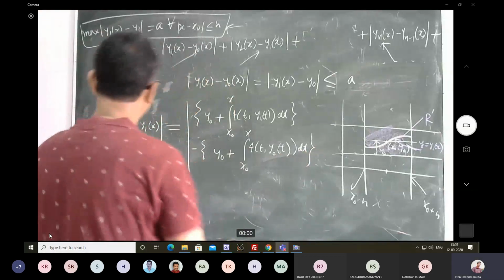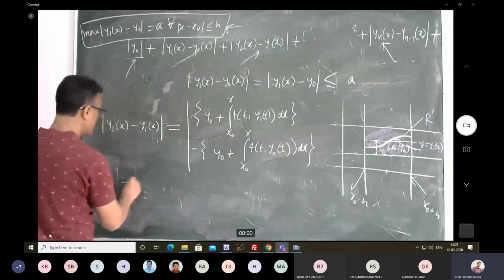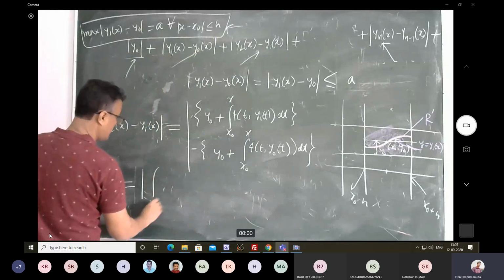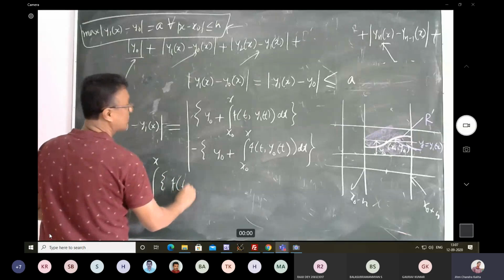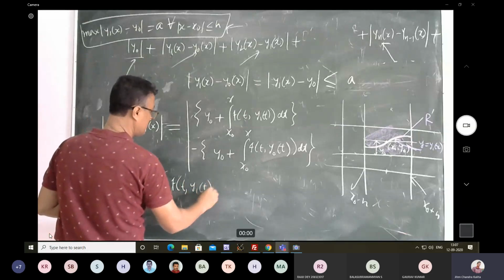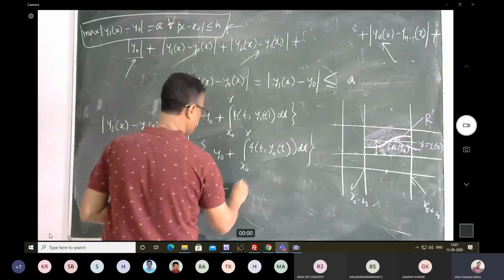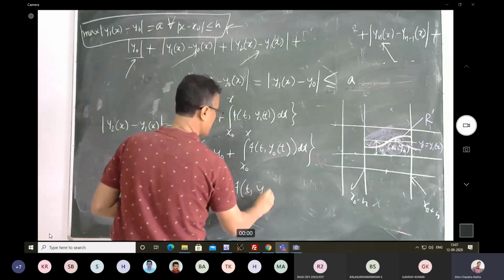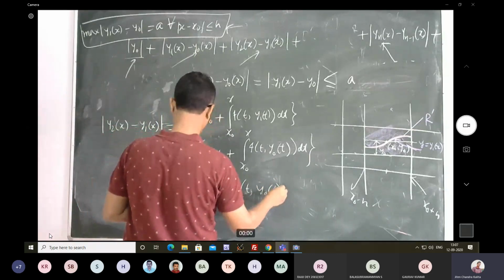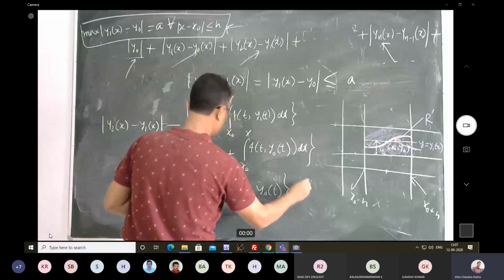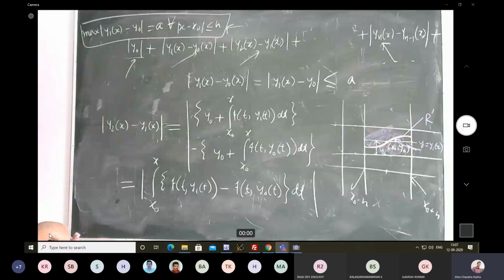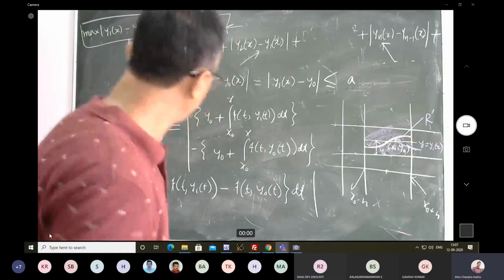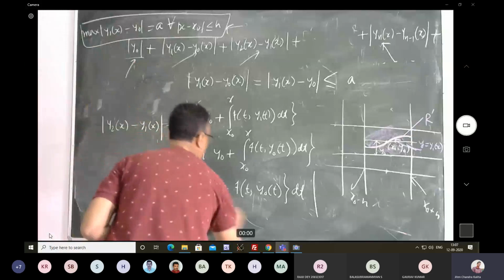Okay, fine. So now, obviously, this I can write as the integral from x naught to x of f(t, y1(t)) minus f(t, y0(t)). Okay, fine. Yes, sir. Okay, so now let us concentrate on the mod of this.